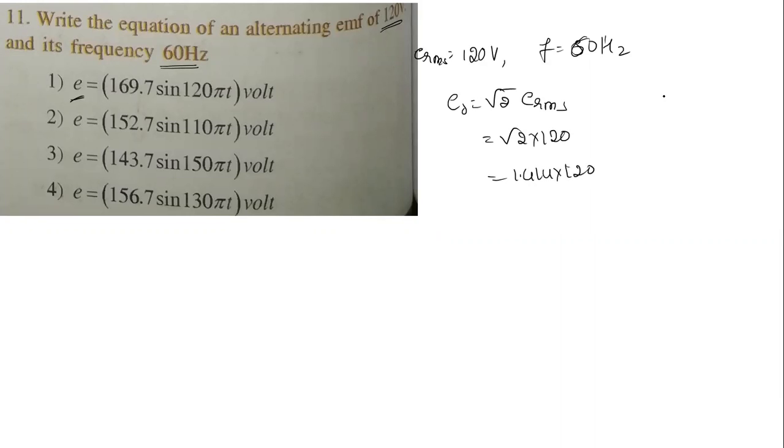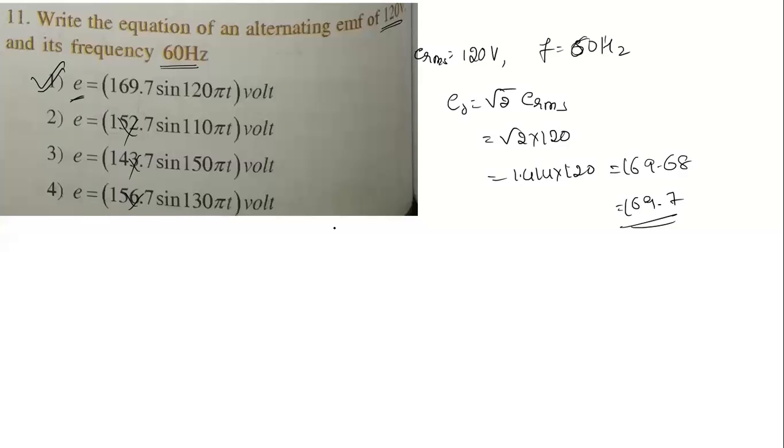Multiplying these two, we get 169.68, approximately 169.7. Look at which option is there. This is wrong, this is wrong, this is wrong. The first option is the correct answer.